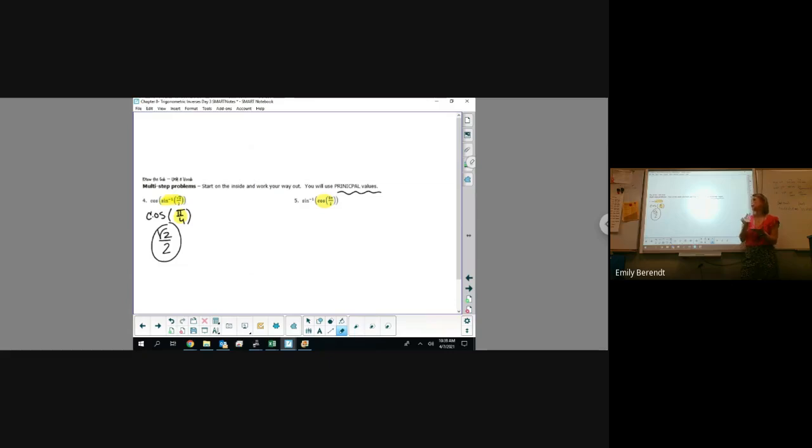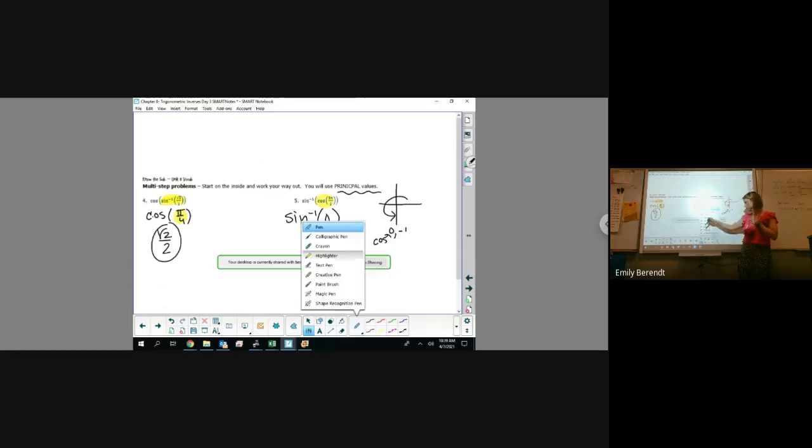You're asking yourself, what is the x at 3 pi over 2? Remember, 3 pi over 2 is down here. So you're over 0, down 1. So the cosine is 0. So that inner portion, the cosine of 3 pi over 2, gets replaced with what? 0. So we're going to have the inverse sine of 0.